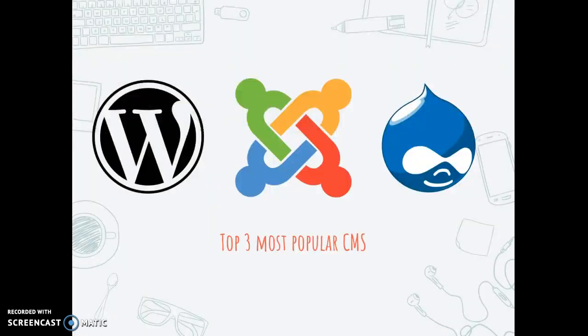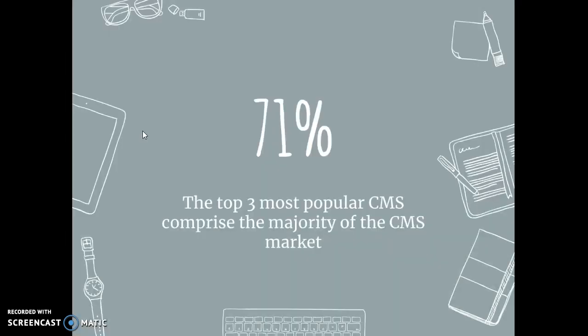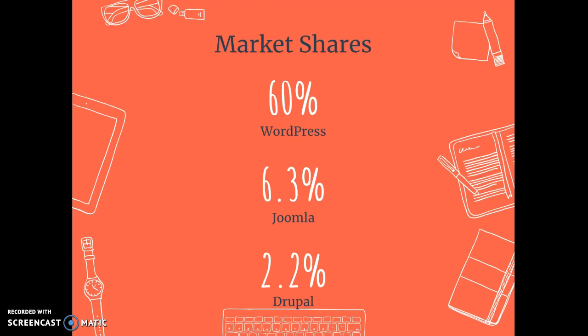So there. The top three most popular CMS would be Drupal over here, Joomla, and WordPress. And for some trivia, 71% of the websites are created using CMS. Their market shares, okay, 60, 6.3 and 2.2, 60 being WordPress as the dominant force.